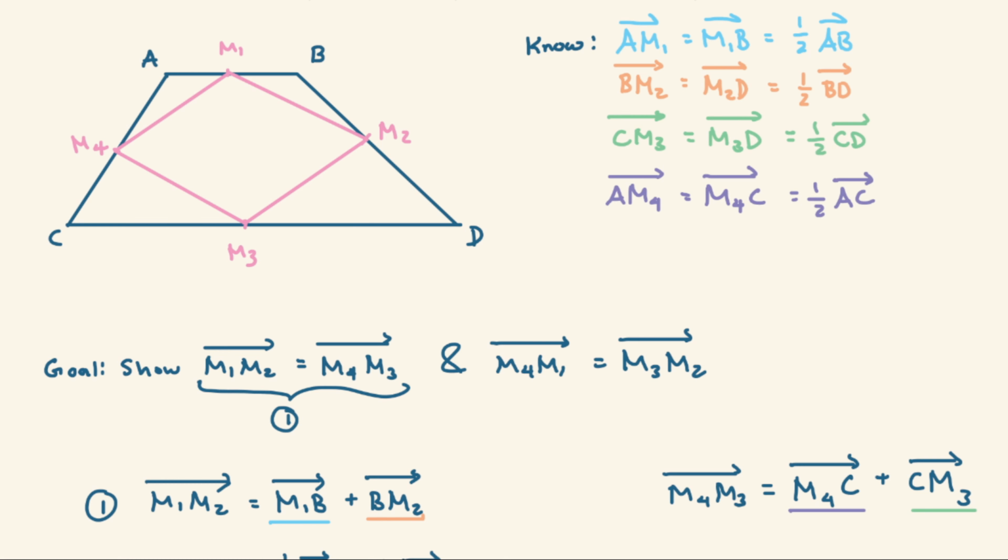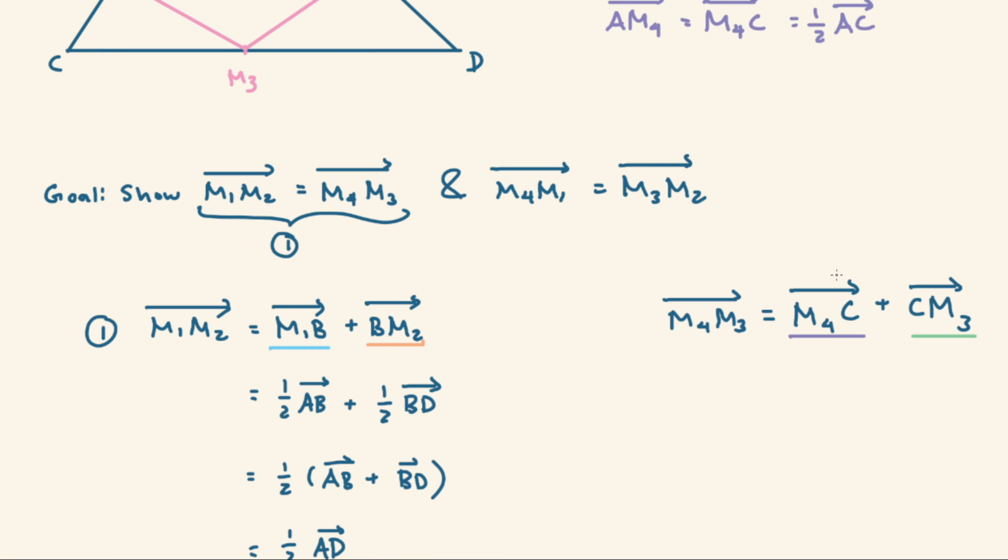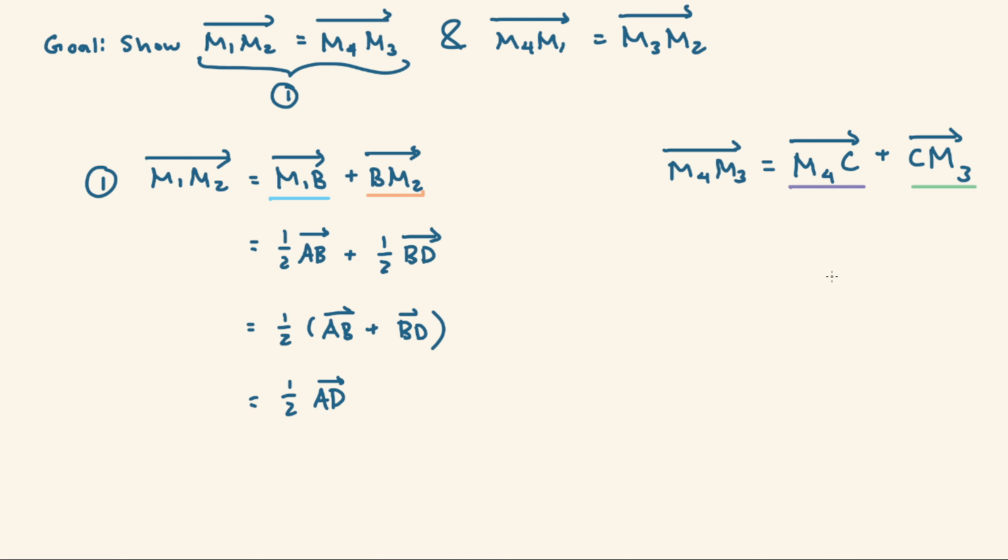So very similar as before, we'll just re-express these two vectors as half of CD and half of AC. Okay, so we'll scroll back down here. This purple M4C here, that's going to be half of AC plus, and this CM3 is just half of CD.